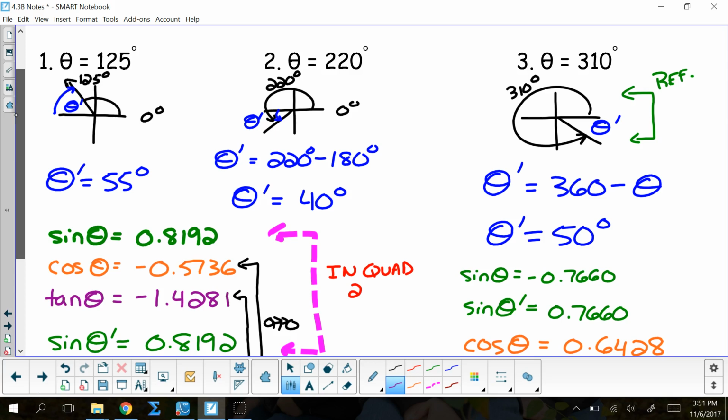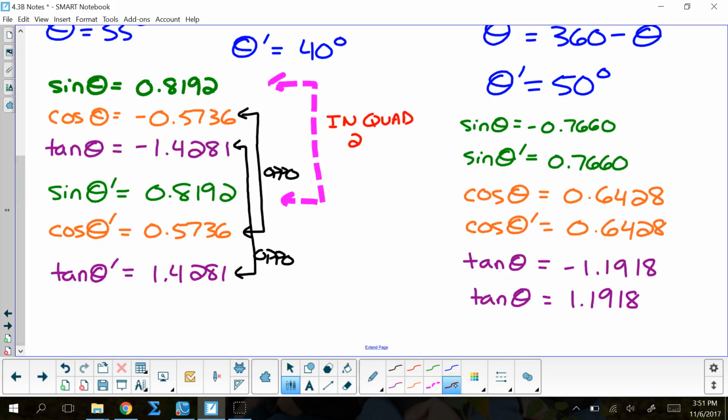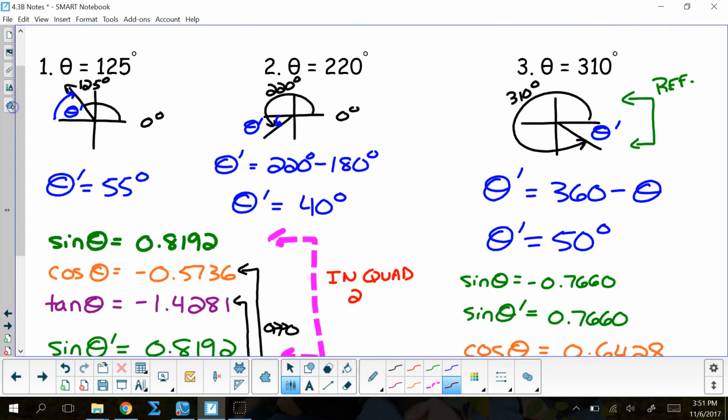So when I'm in quadrant 4, sine should be opposite. Cosine should be the same. And tangent should be opposite.